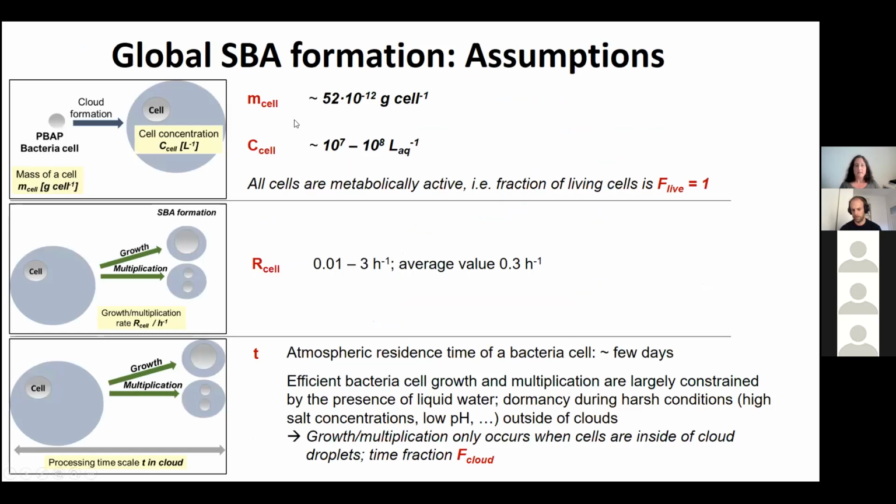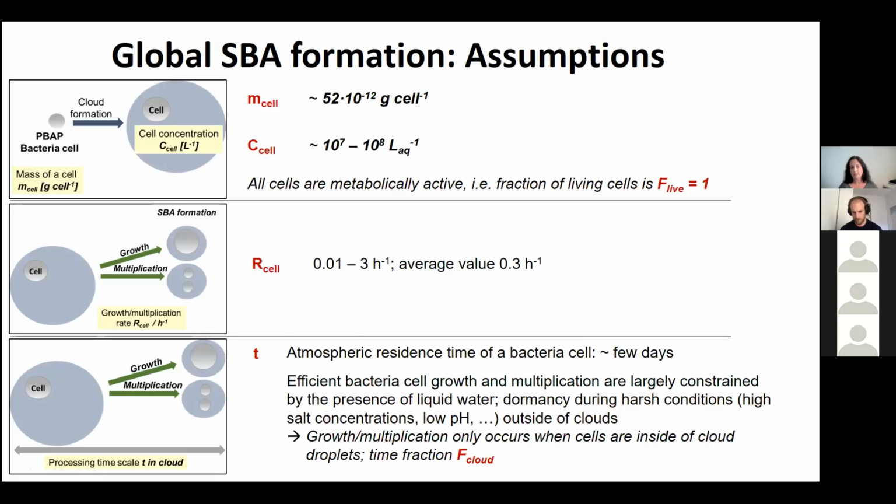Basically, we did estimates for all the different parameters. We know the mass of a cell, and we know the cell concentration in cloud water. Then we know the cell growth rates. Of course, it's a large range, because every bacteria strain or bacteria type has a different growth rate. And finally, we can also estimate the time a particle spends in the atmosphere.